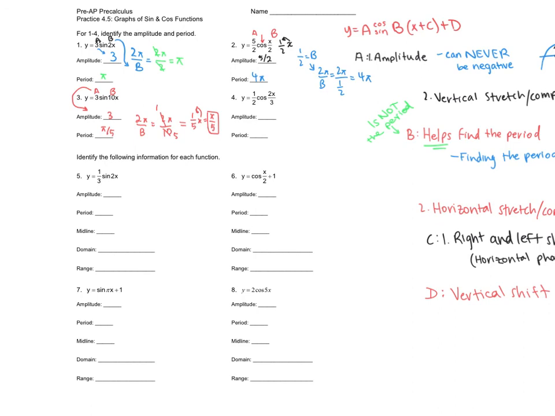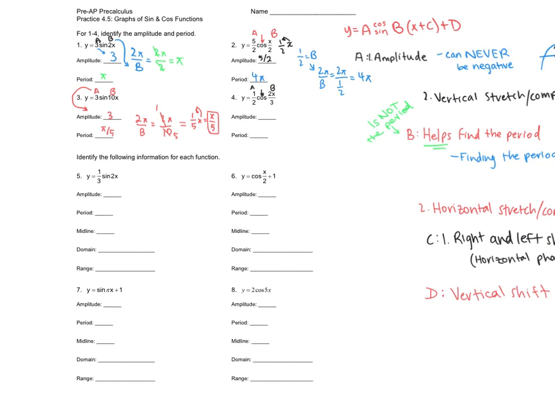Now for number 4, let's write out what our values are. So we have a, because it's right in front of that indicator here. In this case, it's cosine. And what's right after our cosine is our b value. Now this is a little bit trickier. So right now we see 2x over 3 instead of just 1/3 or just a 1 there.